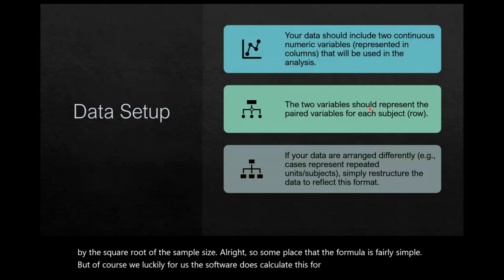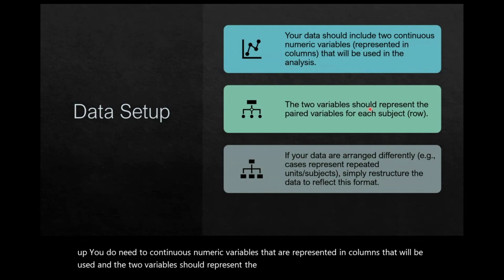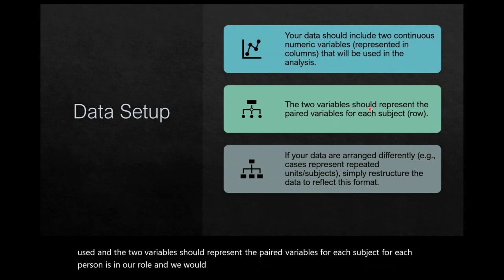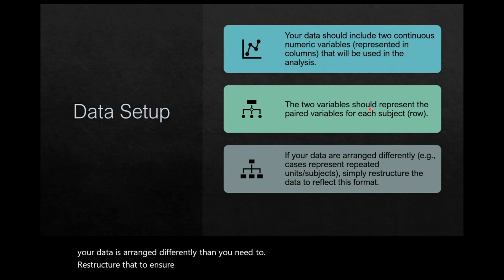In terms of our data setup, you do need two continuous numeric variables that are represented in columns, and the two variables should represent the paired variables for each subject. So each person is in a row, and we would have covered that in my tutorial videos regarding SPSS. If your data is arranged differently, then you need to restructure that to ensure that you have your two variables, right?